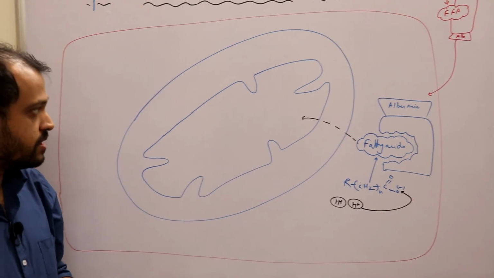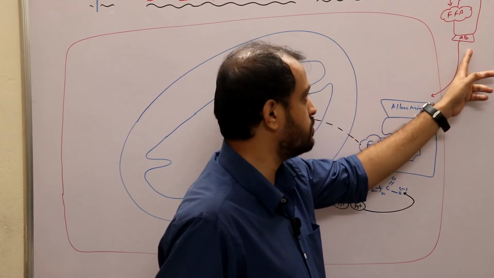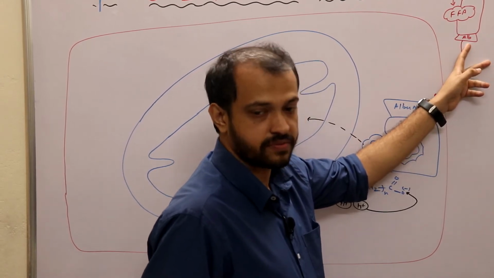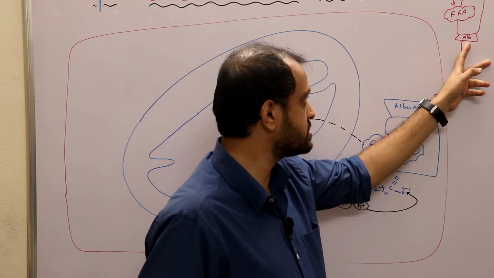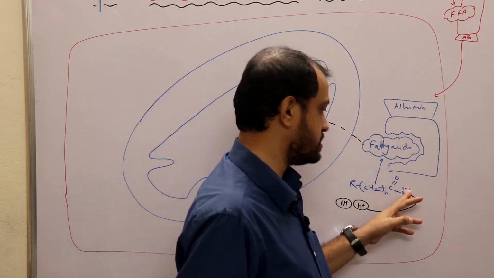Why? Because there is strong evidence that free fatty acids obviously react with albumin. Why? Because free fatty acids in most cases are not much polar. They have only one negative charge.